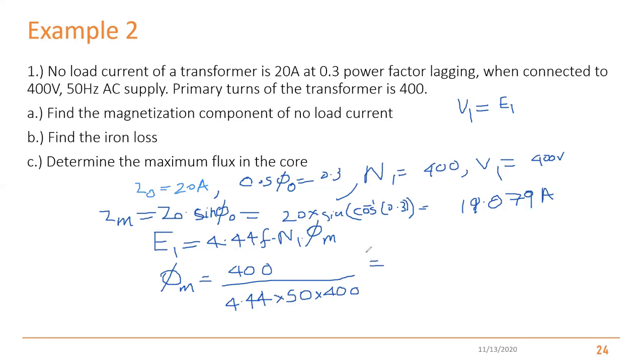If you calculate this value, you will get 4.505 into 10 to the power minus 3 Weber, or 4.505 milliweber. If you are given this kind of simple question, which is actually part of a larger question, you can work it out easily using these primary equations.